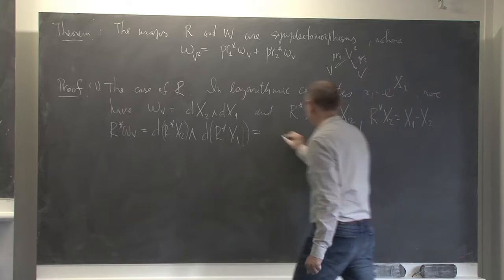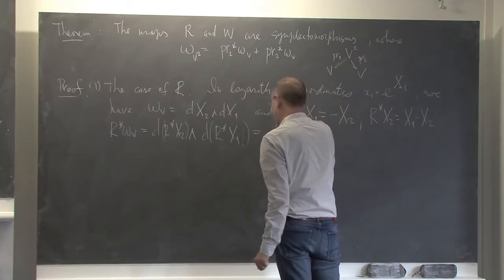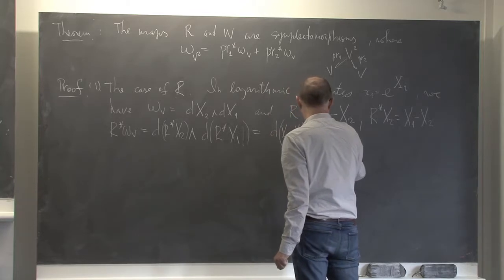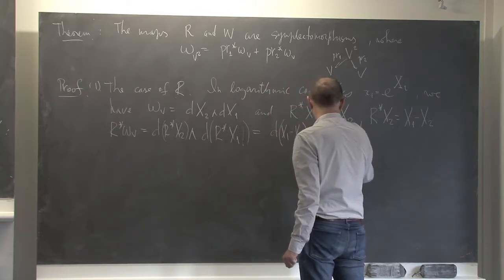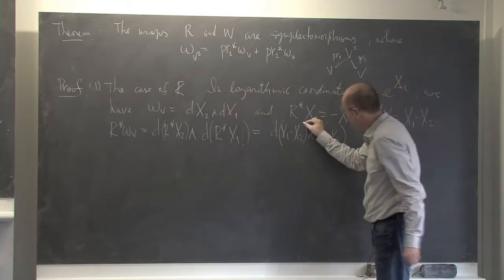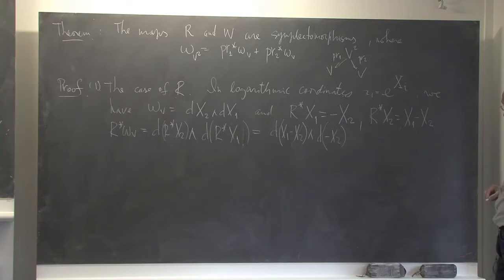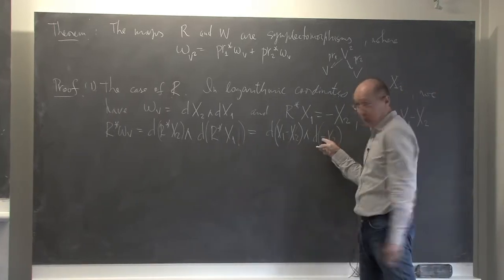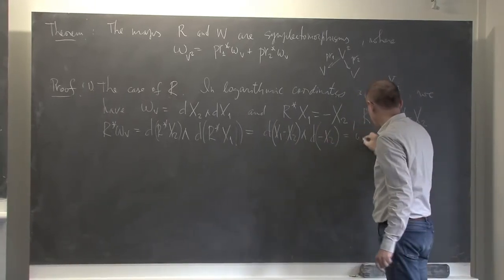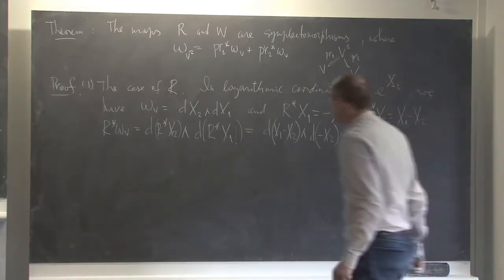So we write d(X1 minus X2) wedge d(minus X2). So we can forget about X2 here and switch the order by absorbing this minus. So this will be omega V. So R is a symplectomorphism.